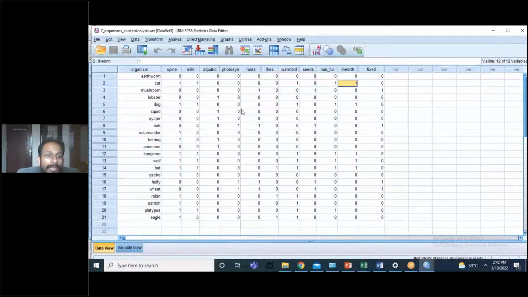Now, based on cluster analysis, we can categorize these organisms into different groups and say, okay, this belongs to the reptile category, these belong to mammals, these belong to plants.